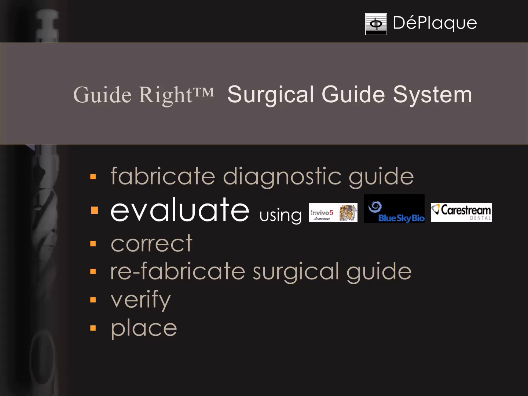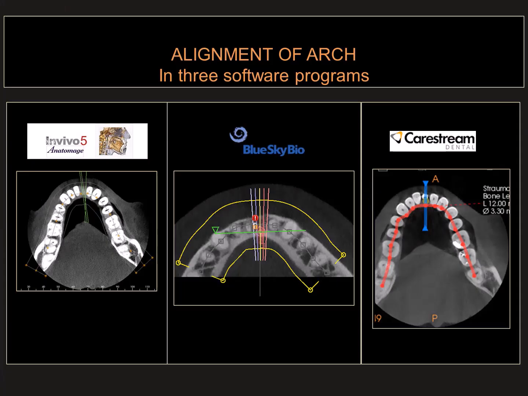A cone beam radiograph is taken with the guide in place for the 3D evaluation of the diagnostic guide in 2 planes, mesial-distal and buccal-lingual. Three software programs were used: InVivo5 by Anatomage, Blue Sky Bio, and CareStream Dental.